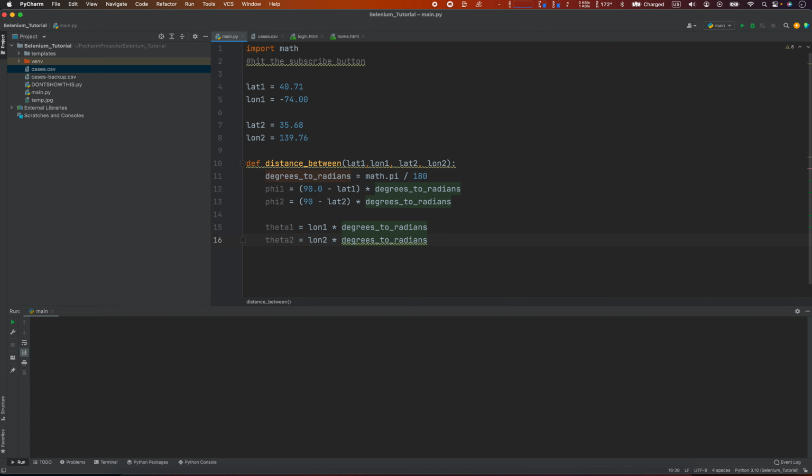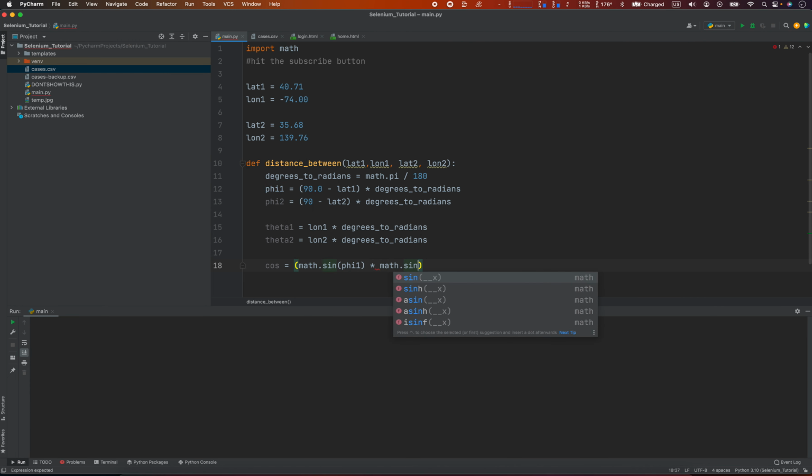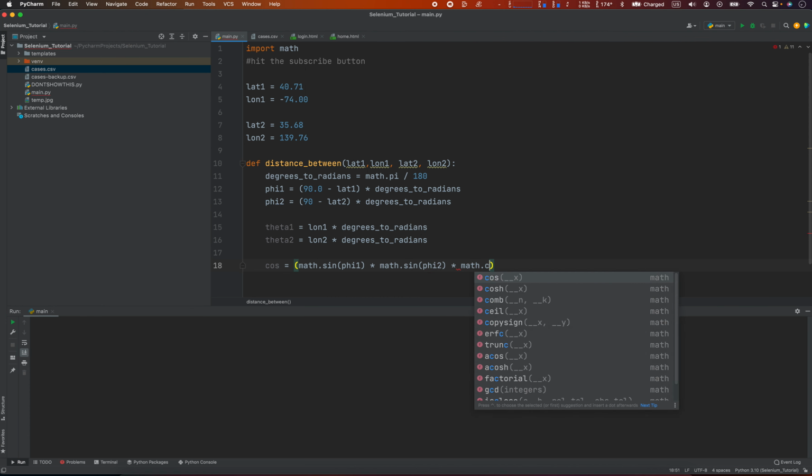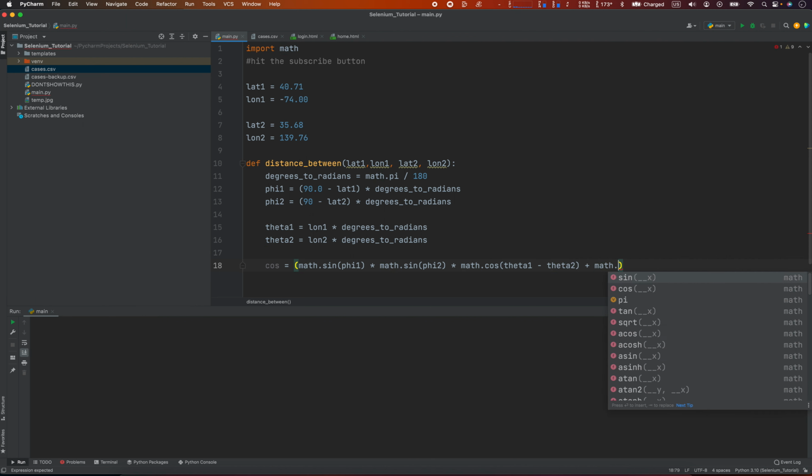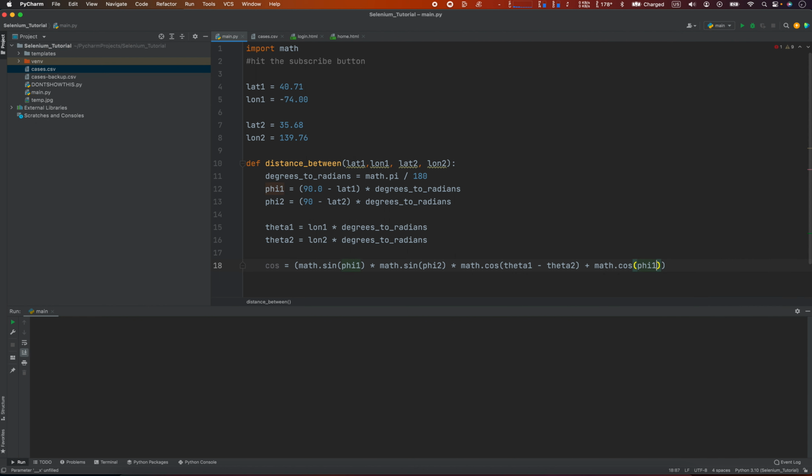And then we're going to take the cosine, which equals math.sin of phi1 times math.sin of phi2 times math.cos of theta1 minus theta2, plus math.cos of phi1 times math.cos of phi2.